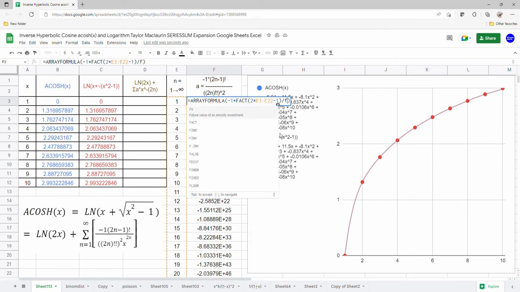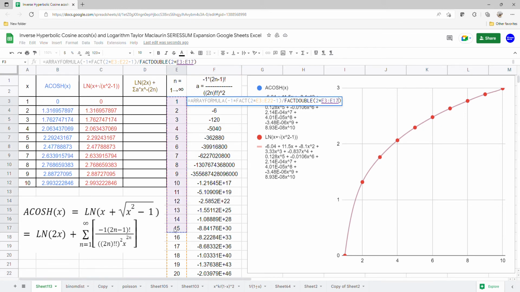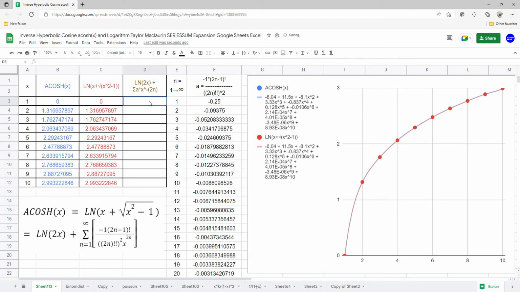So fact double 2 times n. And this is raised to the power 2. That's fact double 2n squared. Now we can complete the expansion. So array formula, series sum.